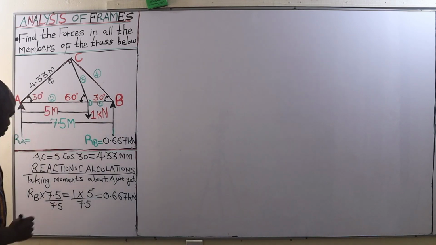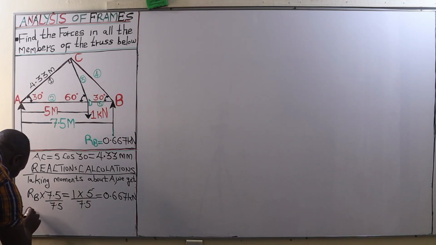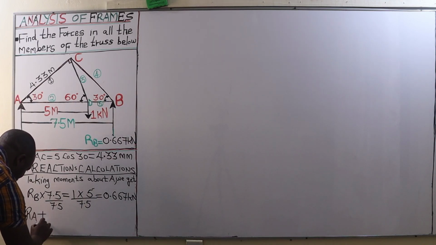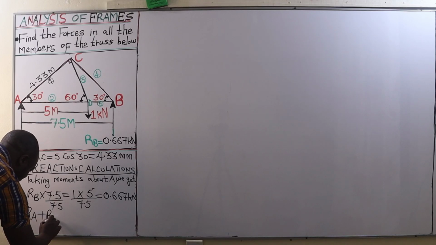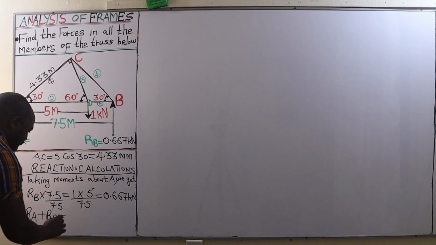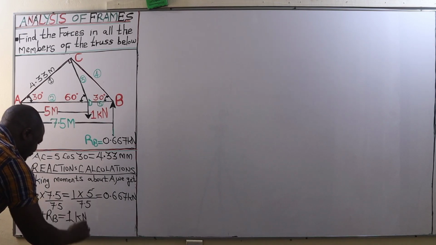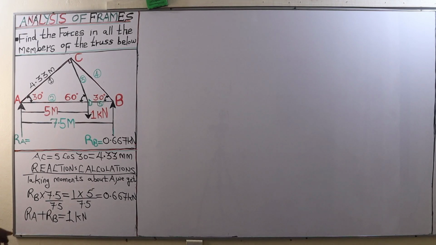Now, to get the reaction at A, we are going to say that the sum of upward forces, that is RA plus RB, is equal to the sum of downward acting forces, that is 1 kilonewton.